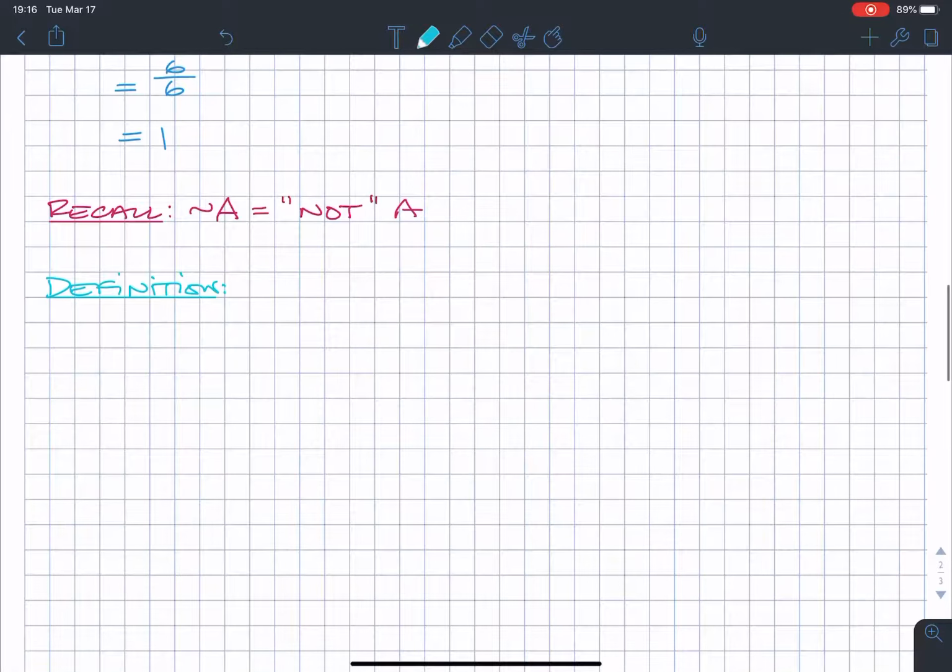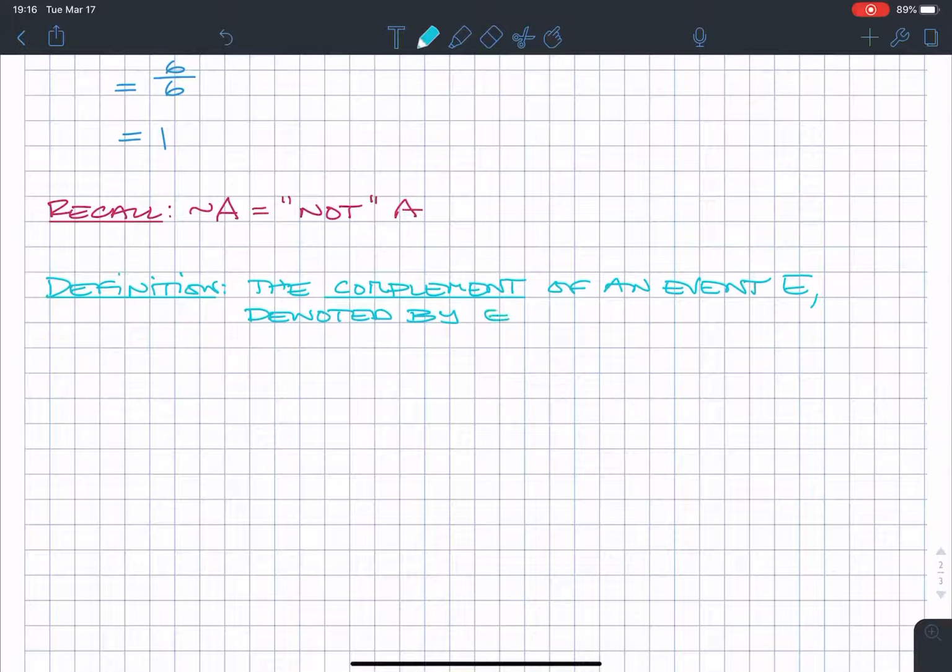So the complement, that's what we're defining. The complement of an event, capital E, denoted by E with a bar over it, is the event that E doesn't happen.